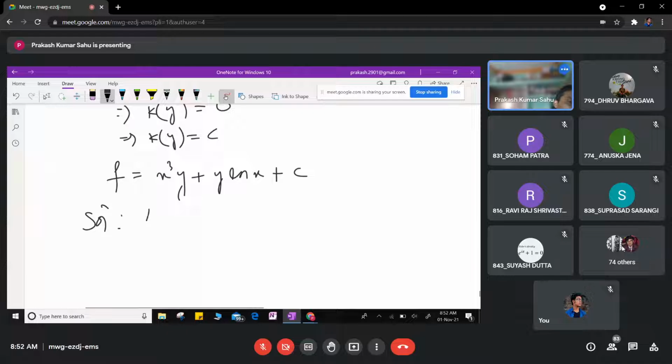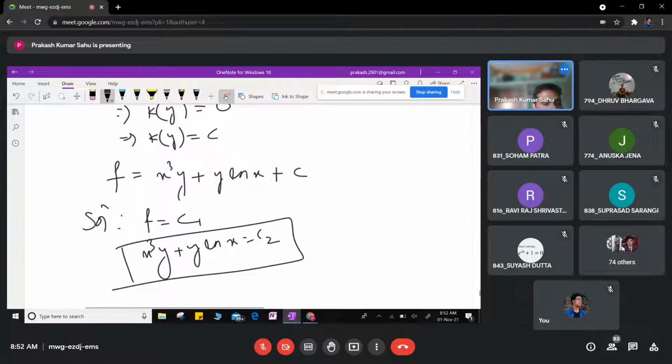Your solution is f is equal to c. Take another constant, c1. So that means x cube y plus y ln x is equal to c2 is the solution. This is your solution. Okay? Up to this you understood or not? Yes, sir. Okay.